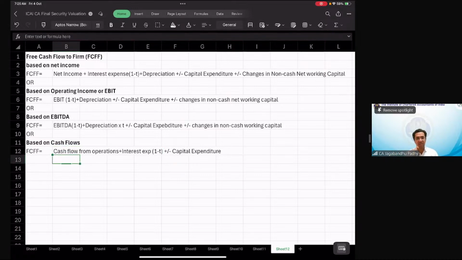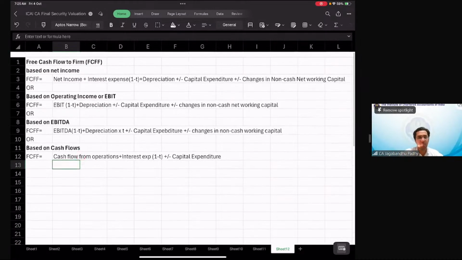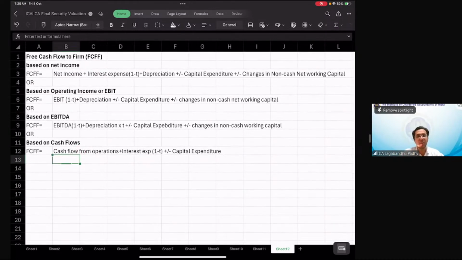This post-tax interest expense will be added back only if while computing cash flow from operations, you reduce the interest. Okay, so these are the approaches by which we can compute free cash flow for the firm. So these are the ways by which we calculate the cash flows which are available to the entire business as a whole, right?